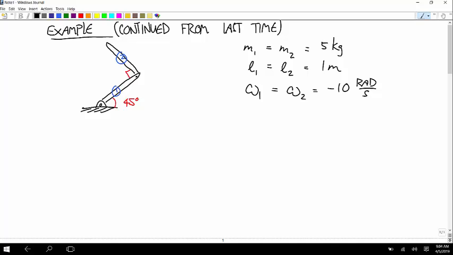And there's a force: you're applying a force at the knee of 100 newtons, and we want to see what that does to the accelerations.